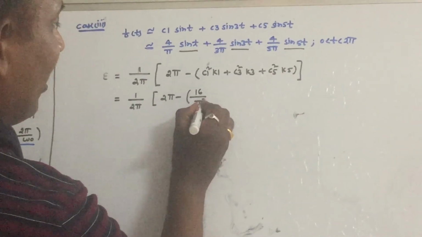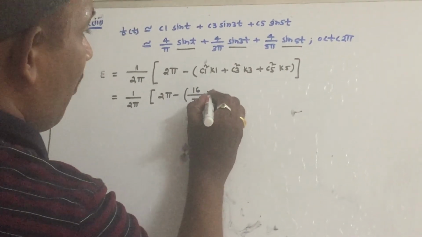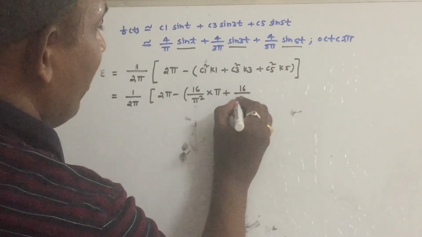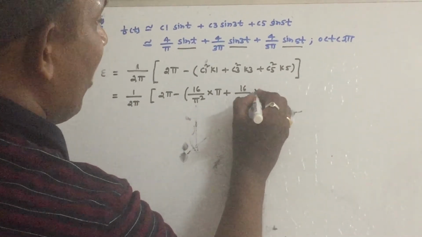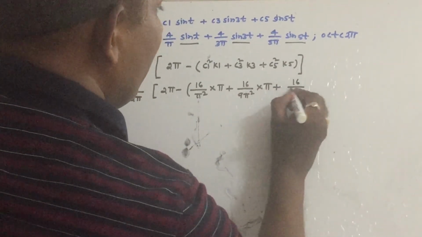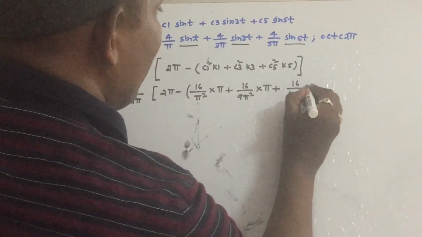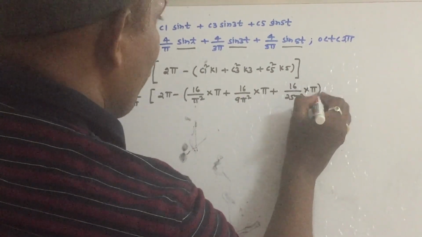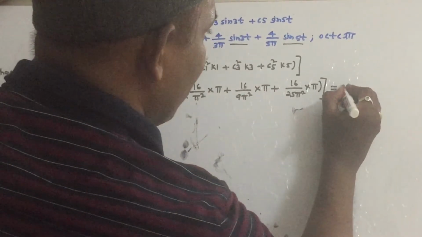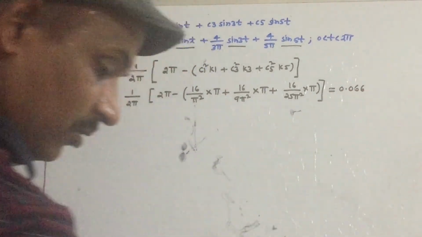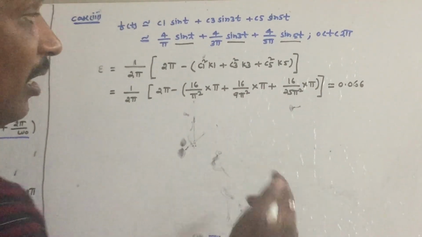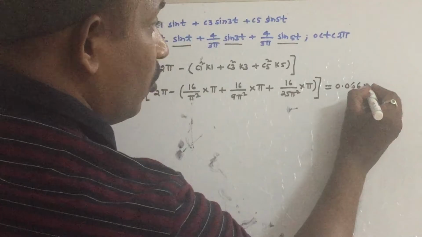That means it will become 16 by pi square. What is K1? K1 comes out as pi. Plus what is C3? 4 by 3 pi, 16 by 9 pi square. What is the K3 value? Pi. Plus what is C5 square? 16 by 25 pi square into what is the K5 value? Pi. So finally you get the answer as 0.066. You can clearly see that previously it was 0.099, now the error is further reduced to 0.066.